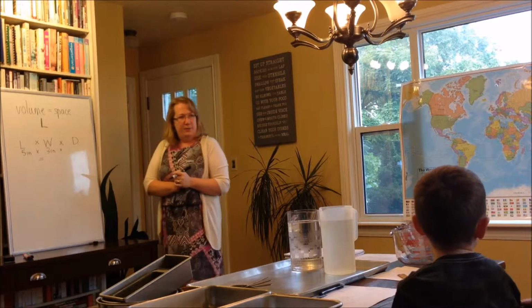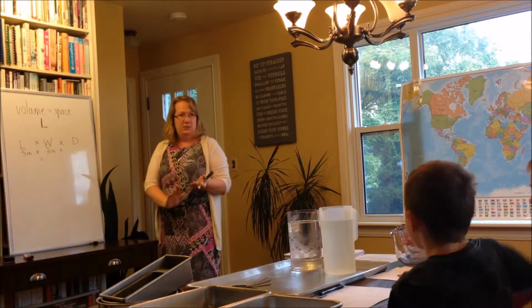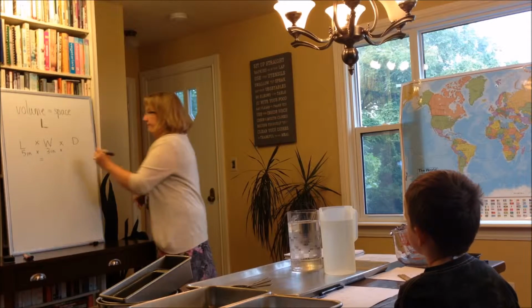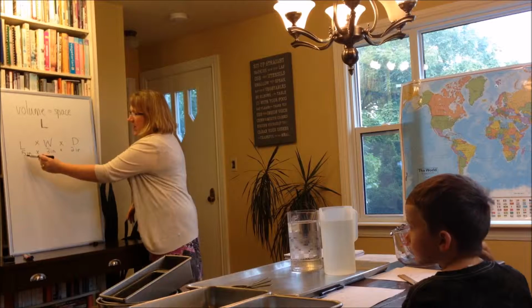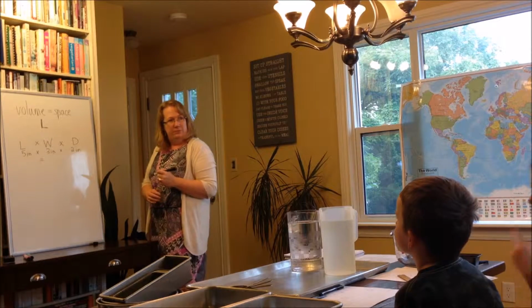And what's the depth? 2. So it could either be the depth, so how deep it is, or how tall it is. So either the depth or the height, right? And the depth you said is 2? Yep. So what's 5 times 3 times 2?